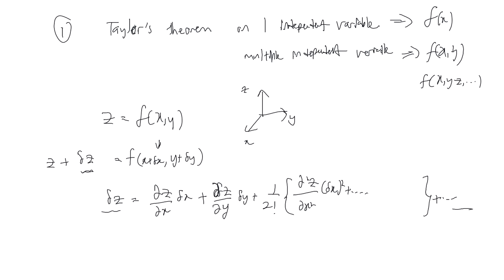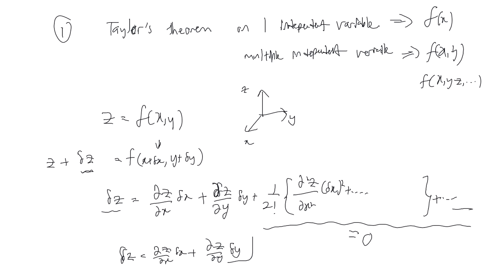So all those terms can be considered as 0 because they are small. So the delta z, which is the uncertainty in z, is round z over round x delta x plus round z over round y delta y.